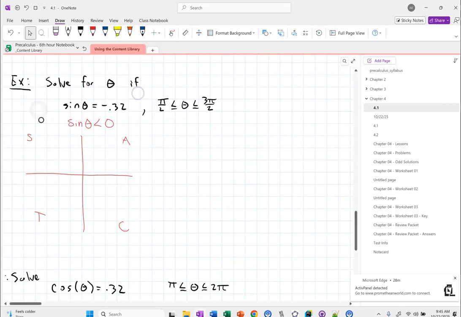In what quadrants is sine negative? S and C. T and C. A for all of positive, so sine's positive there. That's not what we want. S for sine positive, not what we want.